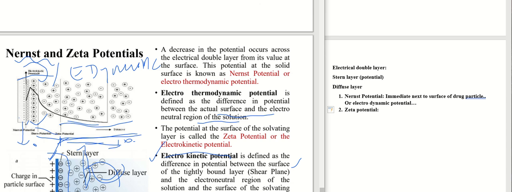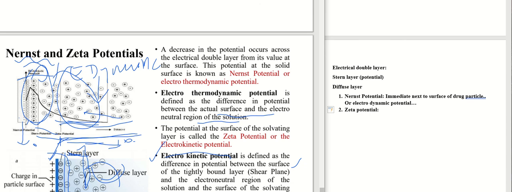Whereas zeta potential is the kinetic potential that exists at the beginning of this diffuse layer and the Stern layer exactly. So we have a Nernst potential here and zeta potential here. We should always make sure that this potential is lessened to attract the particles.